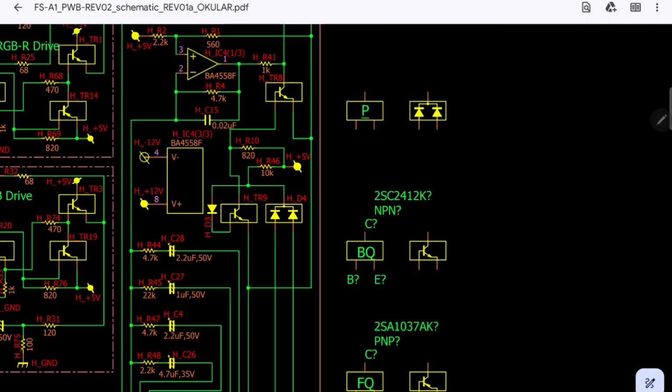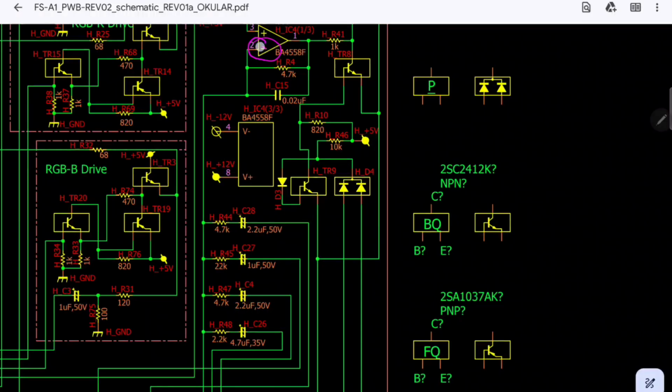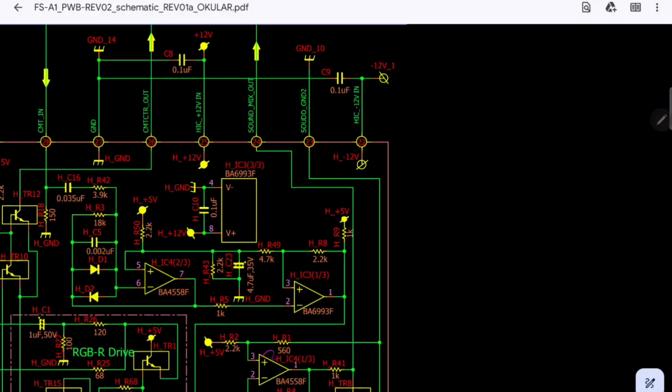After being decoupled, you can see that all of them go to the same point, so they are mixed together and then they are amplified and filtered by this part of the circuit. For the inverting input, if we follow the trace, we see that it is connected to the mixed signal. And if we follow the non-inverting input, we see that it is connected to a ground.